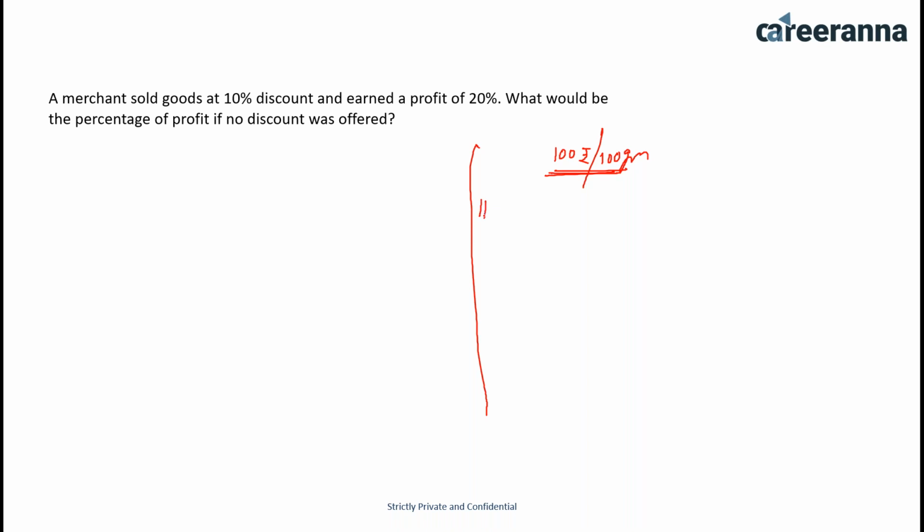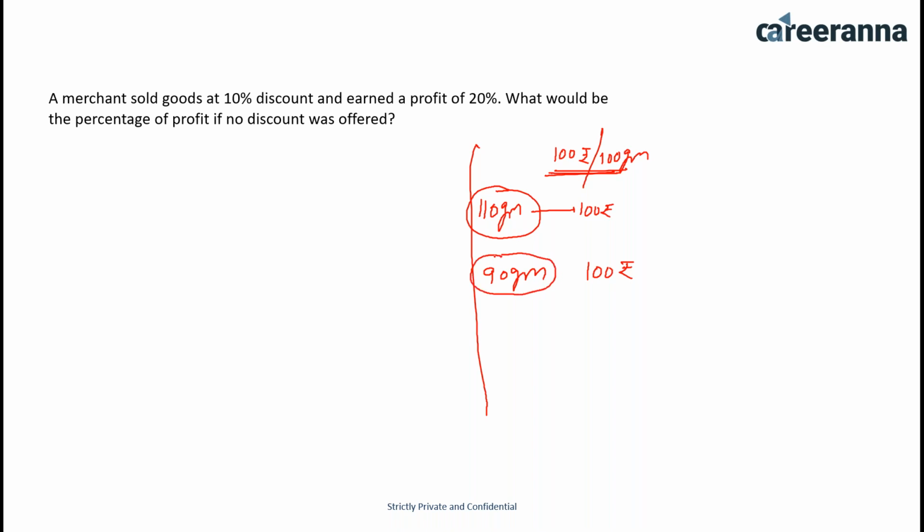I took 100 grams and I paid only 100 rupees, right? But I have 110 grams. But when I sell it, I took 100 rupees and I only gave 90 grams.